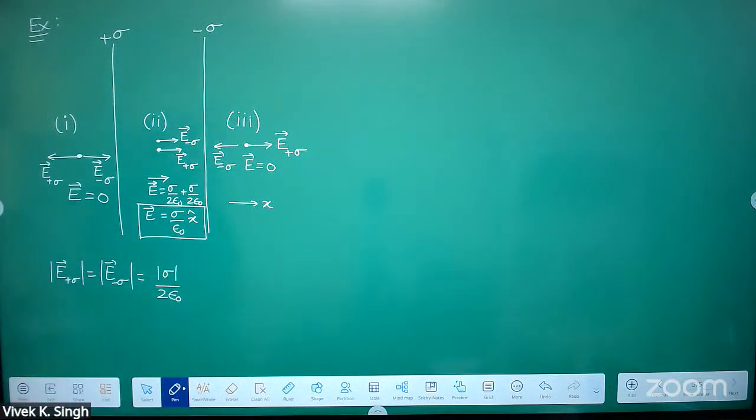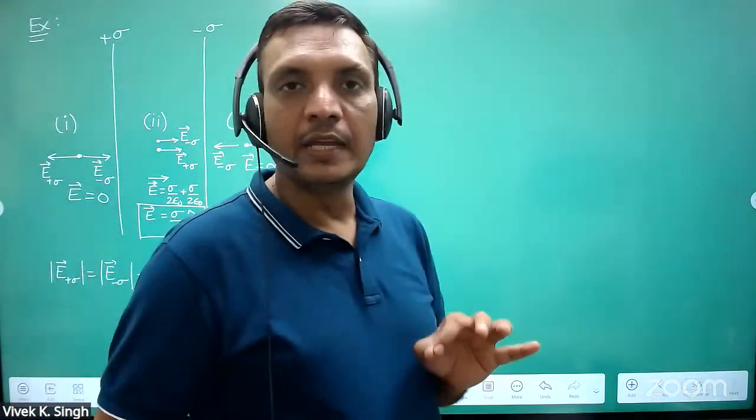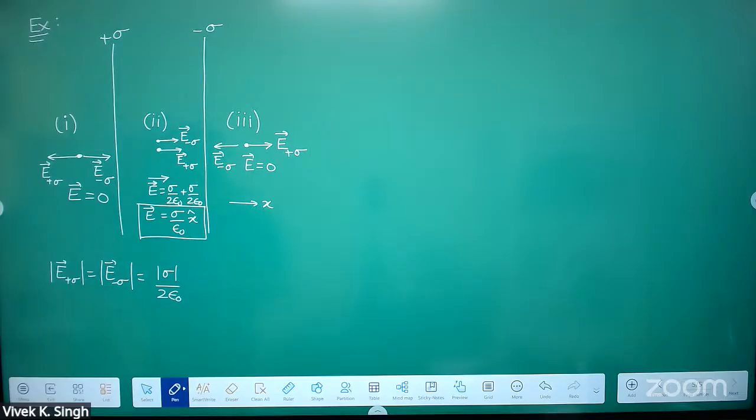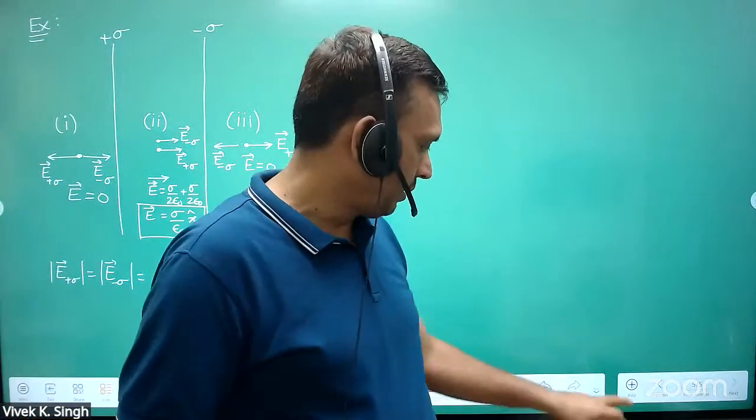So that is the case of a uniformly charged infinite sheet. Now the third symmetry is spherical symmetry.